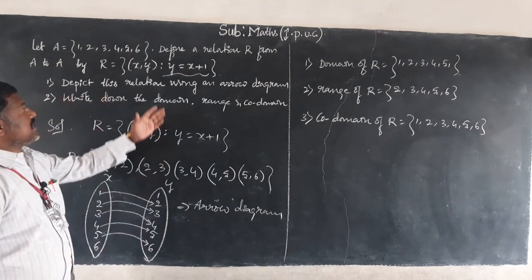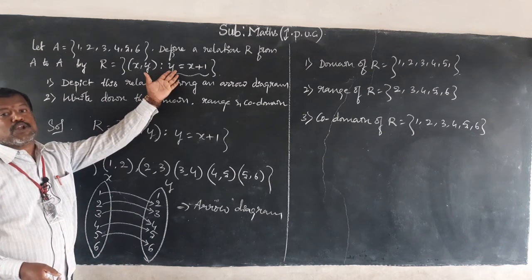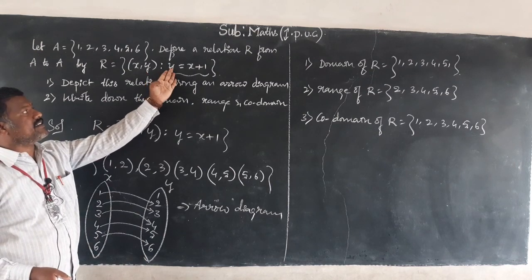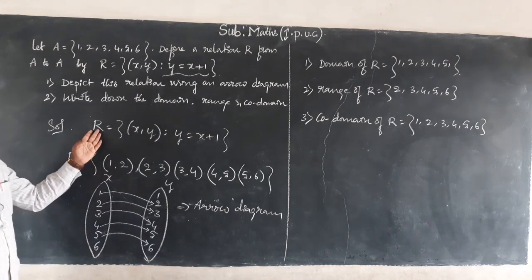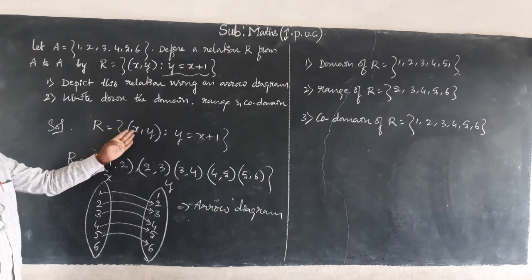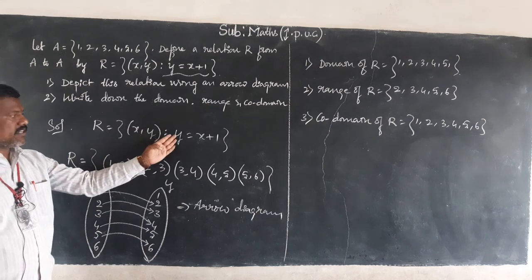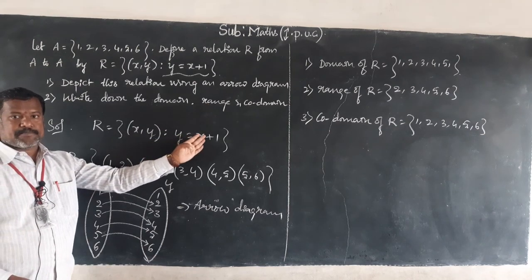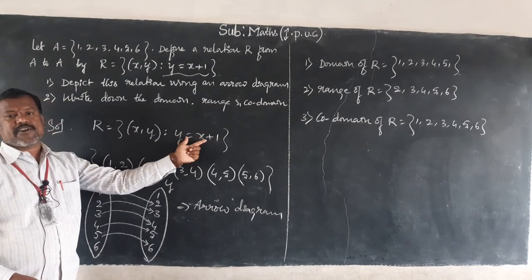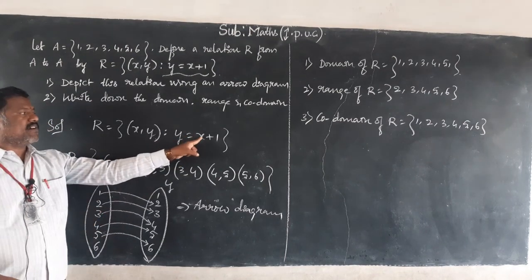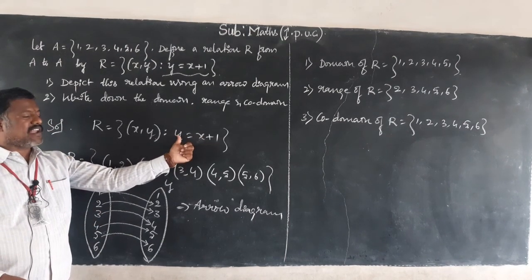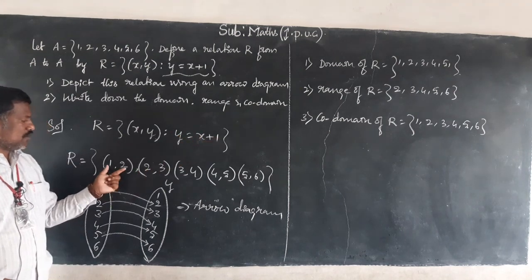So here they have given us the rule method, that is y is equal to x plus 1. Children, that is R is equal to the set of (x, y) such that y is equal to x plus 1. So this is what we called as rule. So here, in place of x, that is 1, the value of y is 1 plus 1, that is 2.